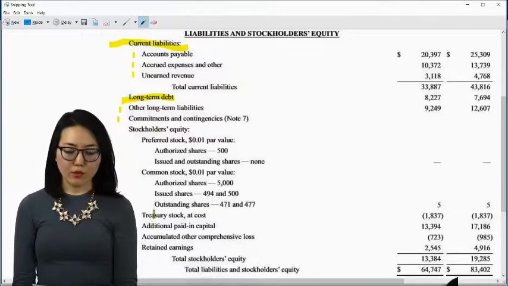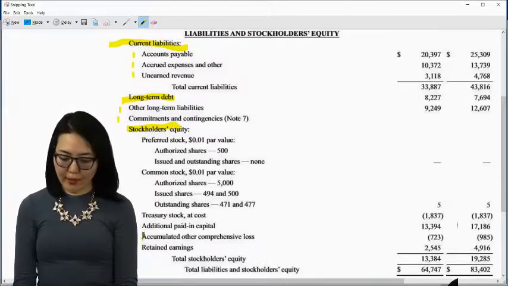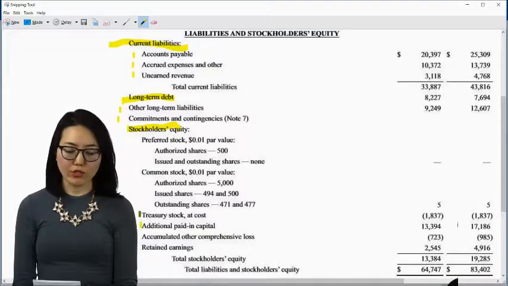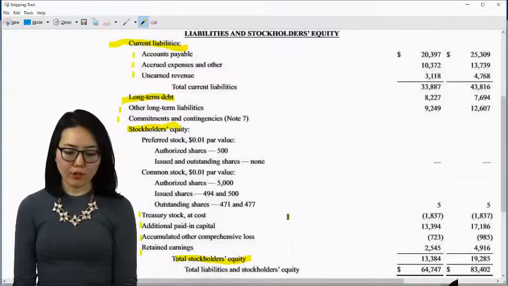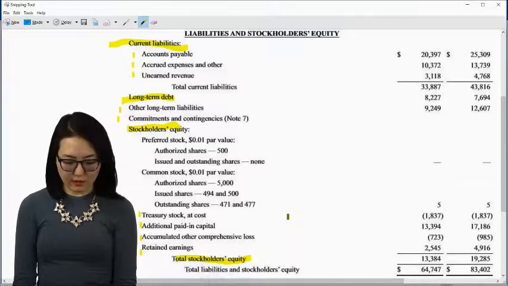Stockholders' equity includes common stock, retained earnings, additional paid-in capital, less treasury stock, and then you will be able to get the total stockholders' equity. Stockholders' equity shows how the business is financed.